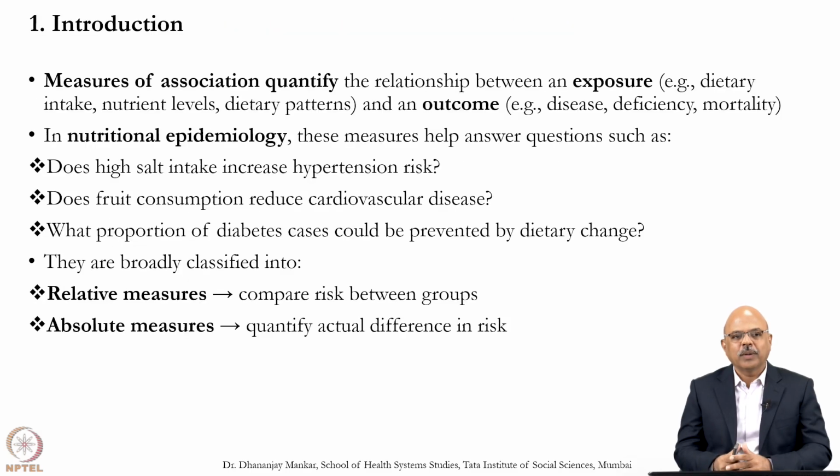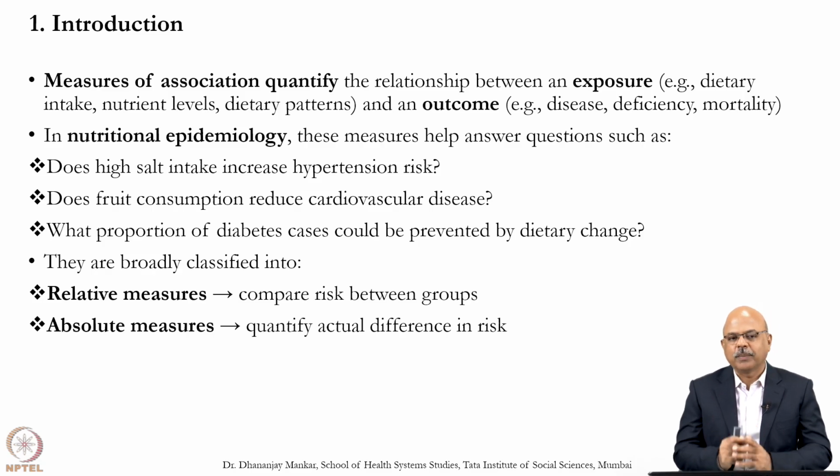So if you talk about the measures of association, they quantify the relationship between an exposure, for example dietary intake, nutritional levels, or dietary patterns, and an outcome, which might be a disease, deficiency or mortality.